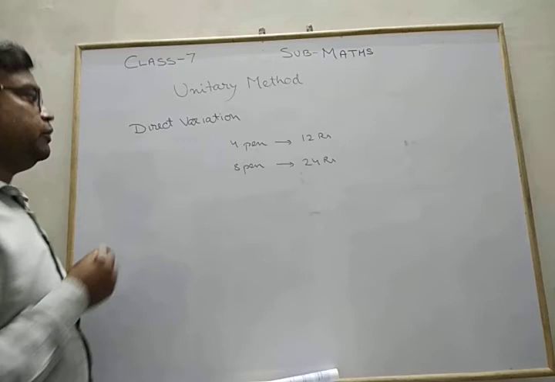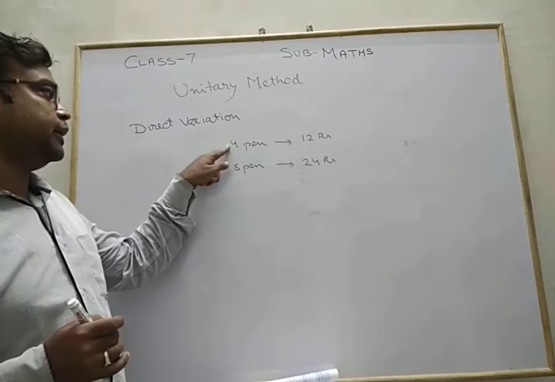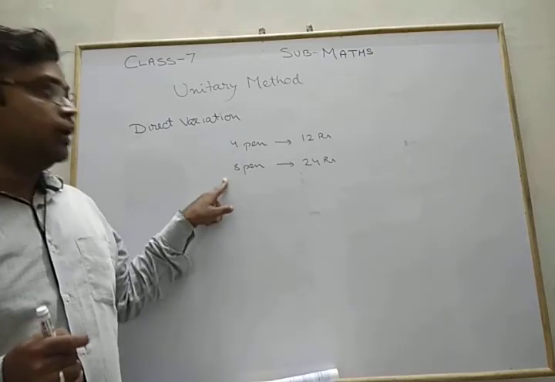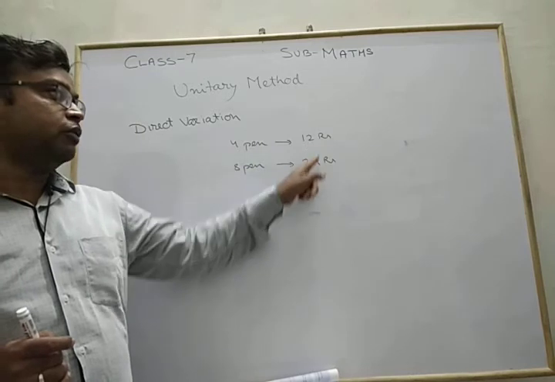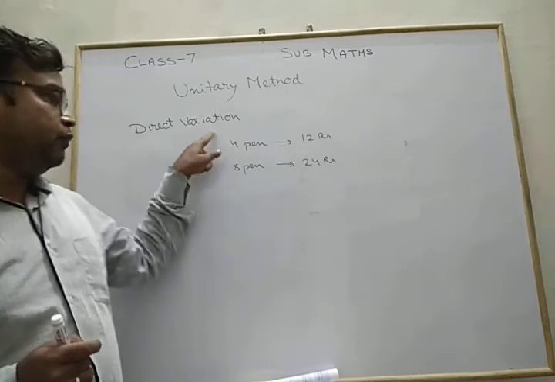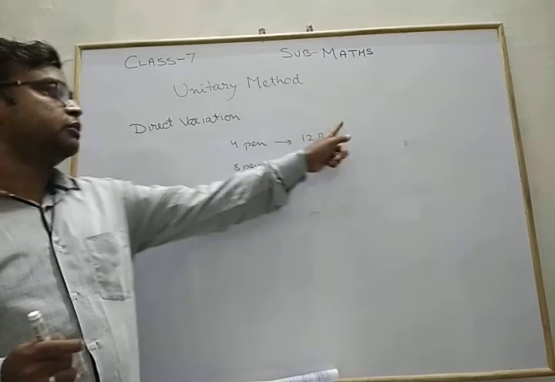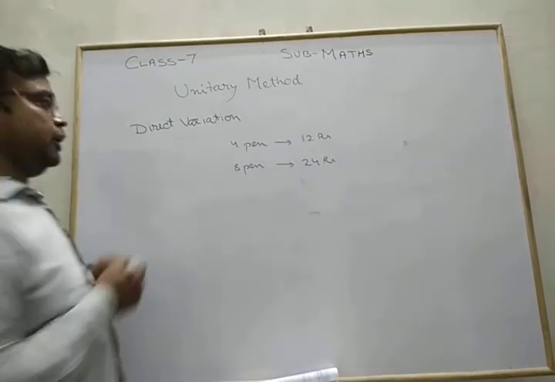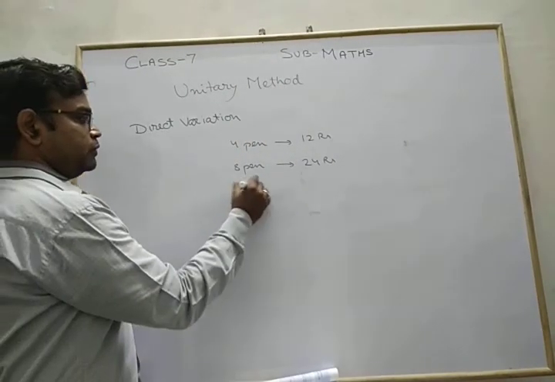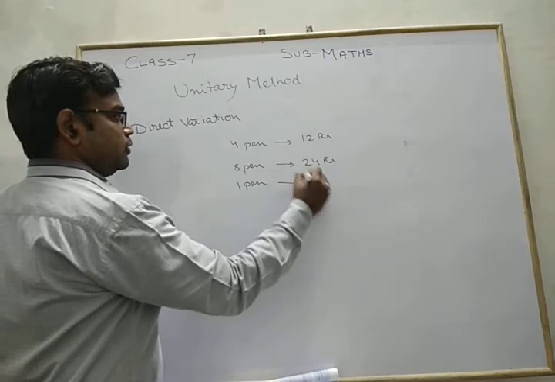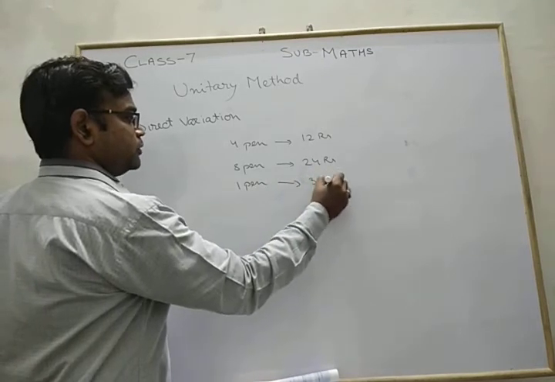Now in this case what are we observing? If we increase the number of pens, then the price is also increased. Now therefore the price of 1 pen equals 3 rupees.